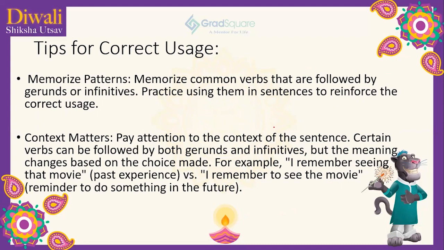There are some instances where we can use both gerunds and infinitives, but in those cases, the meaning changes. For example, I remember seeing that movie talks about a past experience. But a similar sentence, I remember to see the movie, means to remind oneself to do something in the future. So keep that in mind.